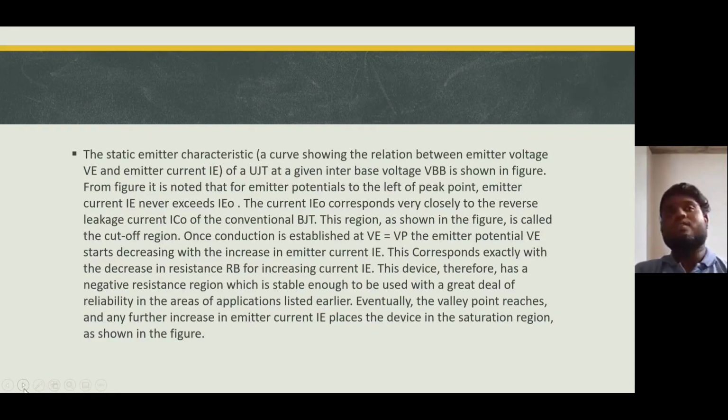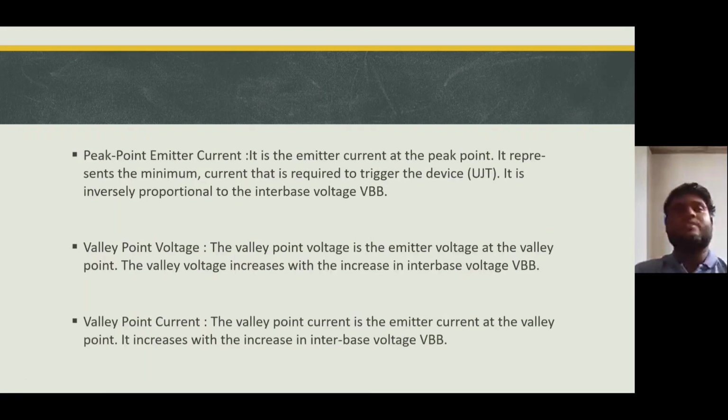Moreover, there are some points we have to talk about. The peak point emitter current is the emitter current at the peak point, and it represents the minimum current that is required to trigger the UJT. It is inversely proportional to the interbase voltage VBB.